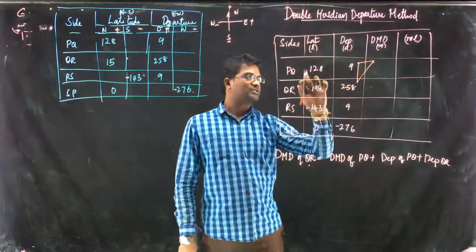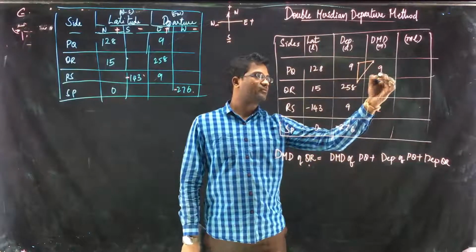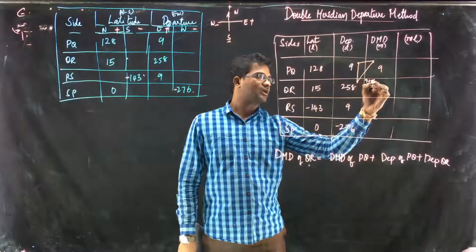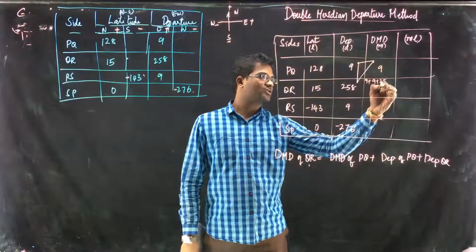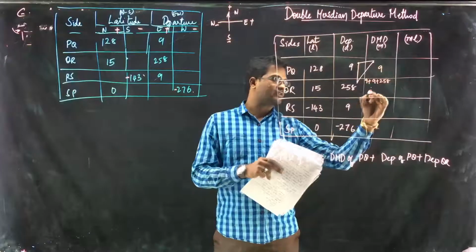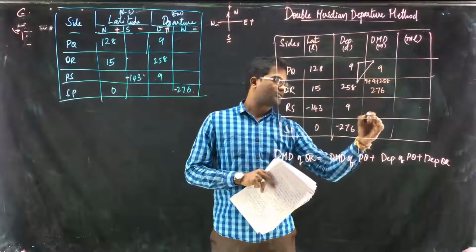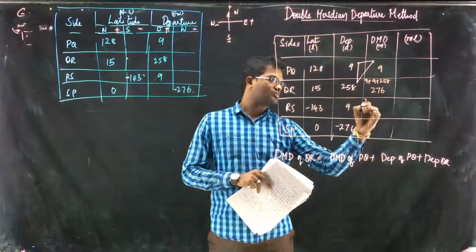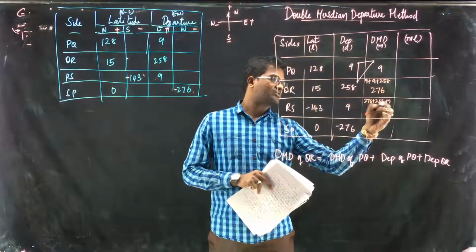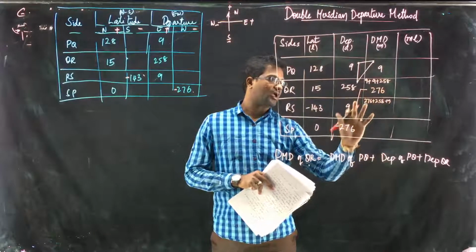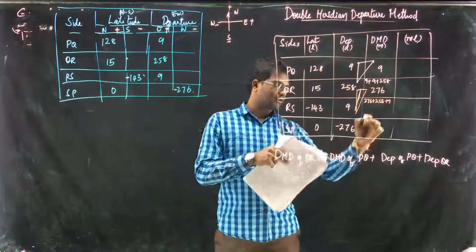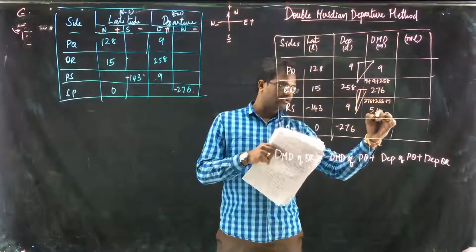For the first case, the double meridian departure is the same as the departure. So this value is given by 9, plus 258. And this value comes to be 276. Now this value is given by 276 plus 258 plus 9. So you just need to add these three values. And this value is estimated as 543.